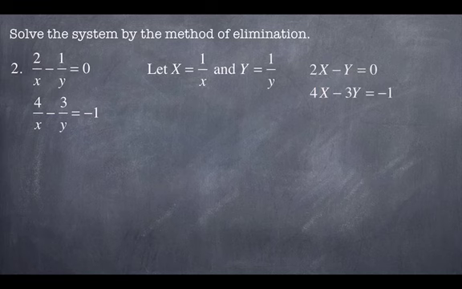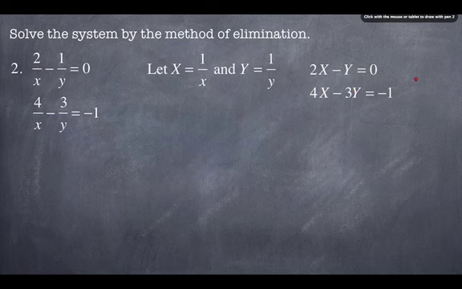Once you set up the substitution, 1 over x is right here, so it becomes 2 capital X, minus 1 over y, so this becomes minus capital Y, and you should be able to follow how we generate this new second equation into this new second equation. And then at this point, it just becomes a very easy problem.